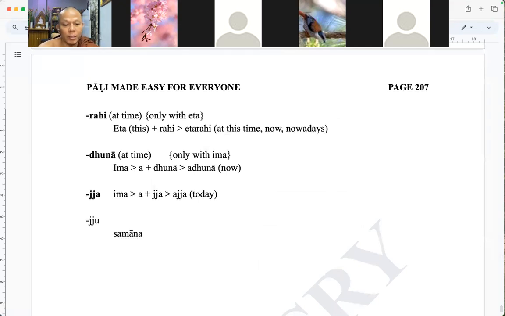The meaning of sama, that is present participle, so being. But that one is contracted as sa. And then ju. So we have this seju, for the time being. Maybe instantly also.